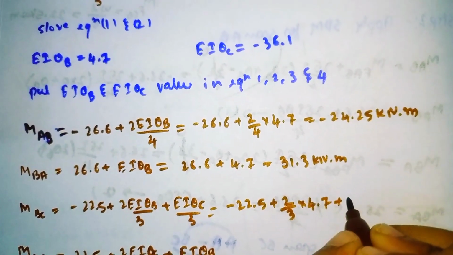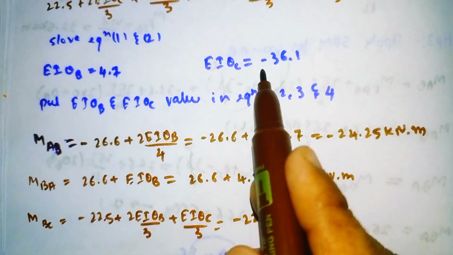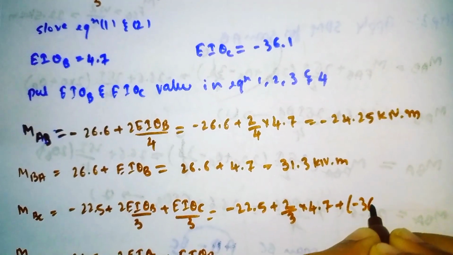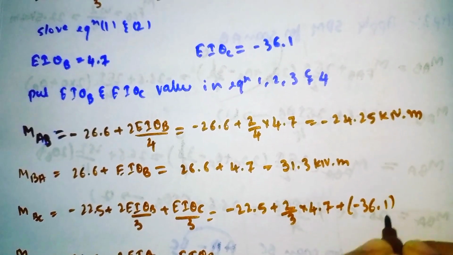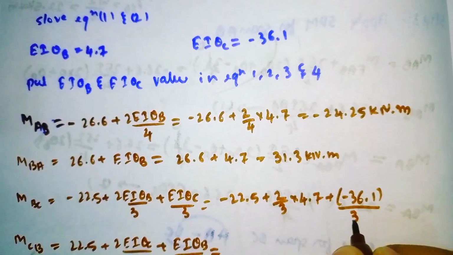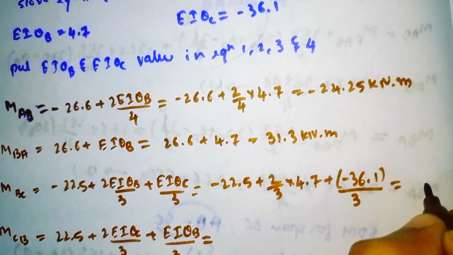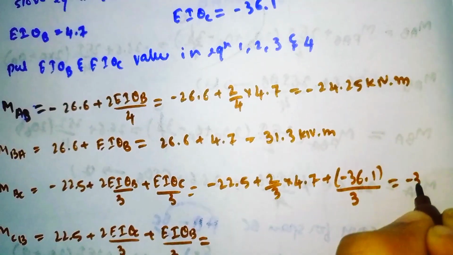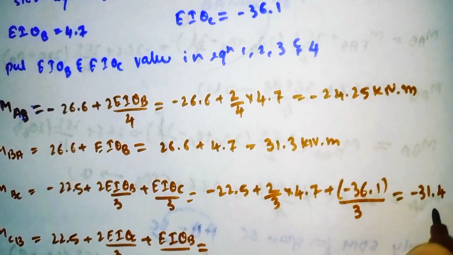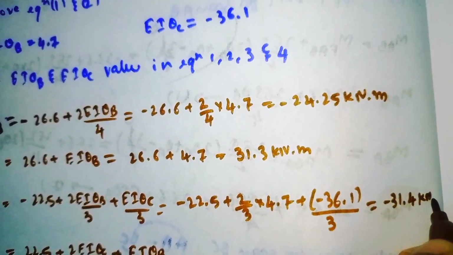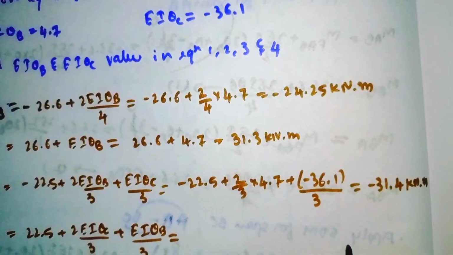For MBC, minus 22.5 plus 2/3 of EI theta B we got was 4.7 plus EI theta C we got was minus 36.1. So minus 36.1 divided by 3. So it will come out as minus 31.4 kilonewton meter.